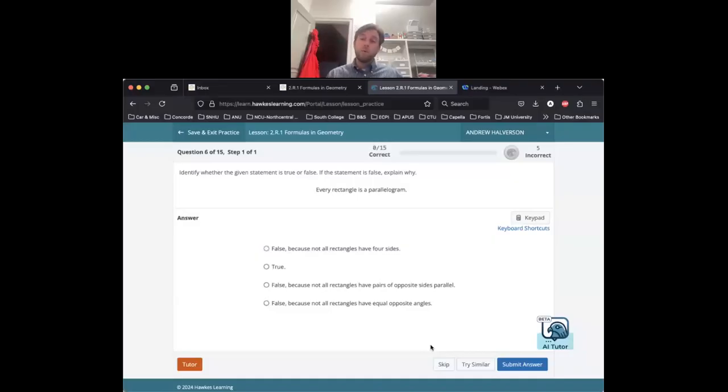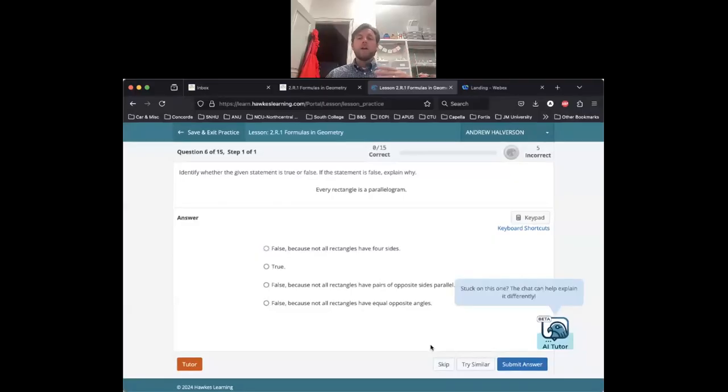One becomes the other. So a rectangle is what? A quadrilateral, meaning four sides, with two sets of parallel lines, and at least one right angle. Could be more, there will be more, but at least one.